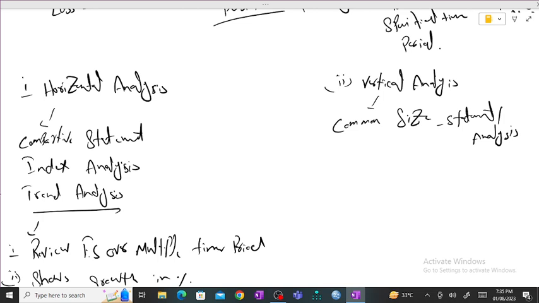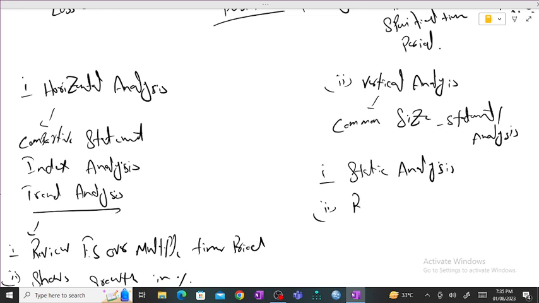The book we are going to follow uses the term common size statement for vertical analysis. Let's talk about some of its features. One, it's a static analysis. And the second one, the financial statement of a single year is reviewed and analyzed with proper techniques.